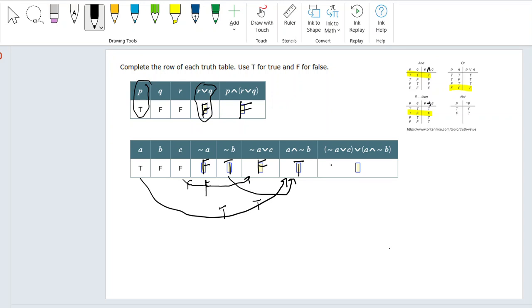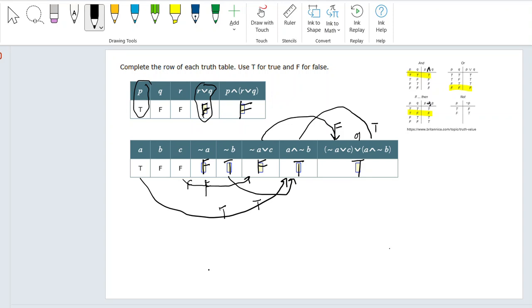Now we put all of it together. This one is this, it is false. And this is an or. This one, which is this one, which is true. And when we have an or, a false or a true statement, we have a true statement.